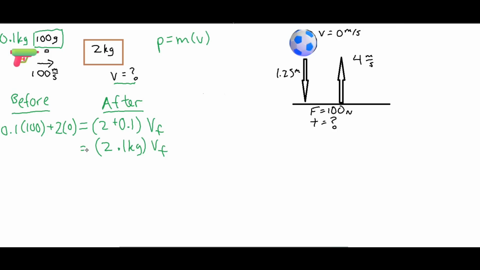And then on this side, it's basically just 0.1 times 100, which is 10, plus 0, so we just have 10 kilogram meters per second of momentum over here. And then once we divide both sides by 2.1, we are done.